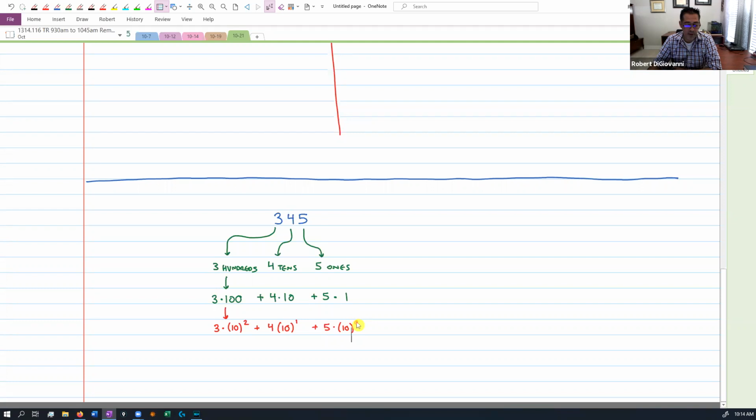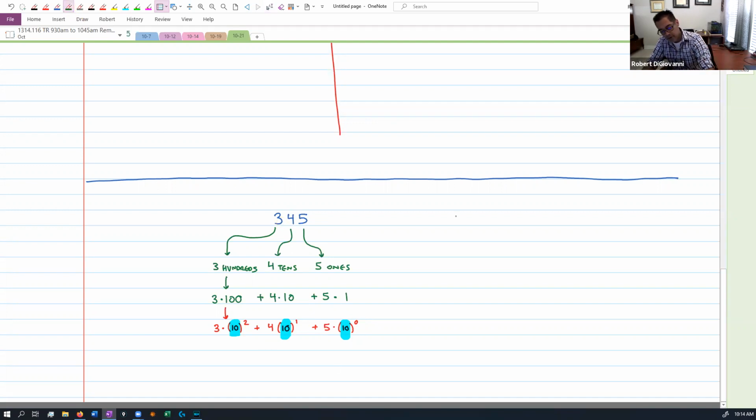Yes? So notice that all of these are like little exponentials: 10 squared, 10 to the first, 10 to the 0. And these numbers just represent how many of those you have.